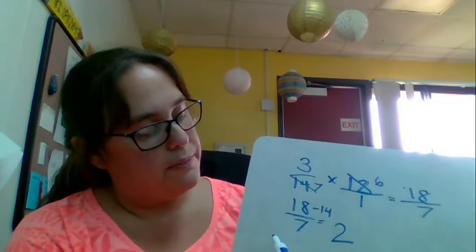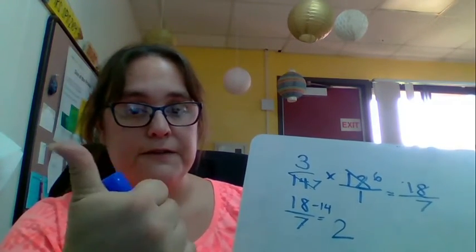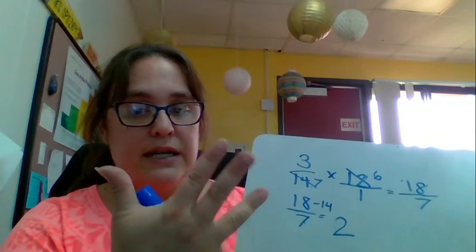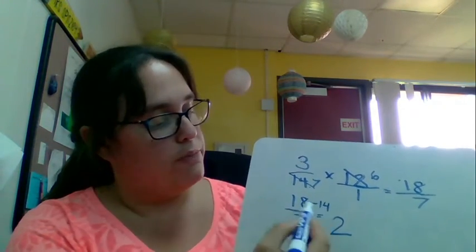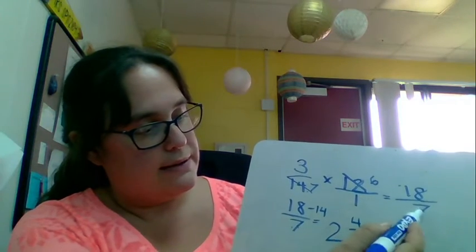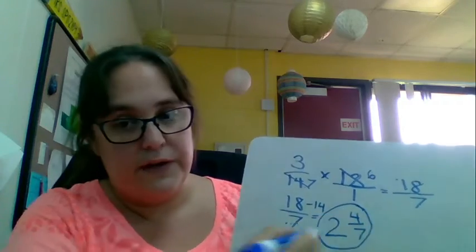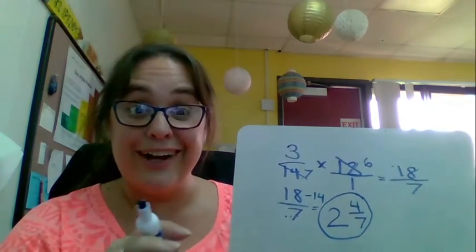Notice I recorded that up there because I used up 14 pieces. So how many are you going to have left? 14, 15, 16, 17, 18. You're going to have 4 pieces left, and your piece sizes remain the same. This is your final answer. Pause, find that, record, and come back.